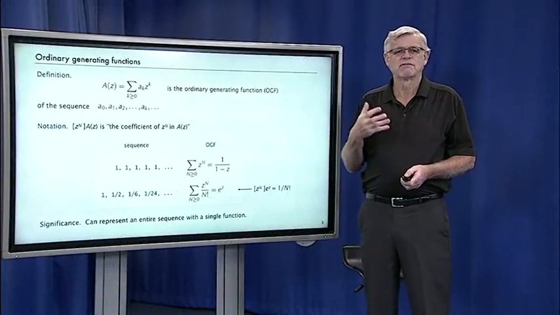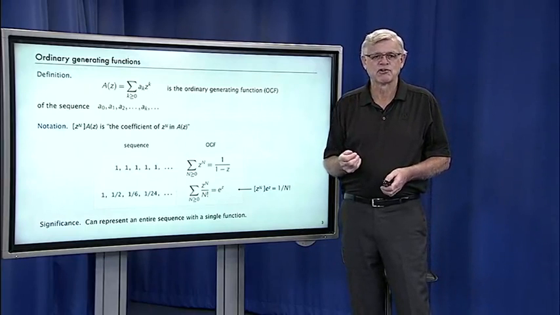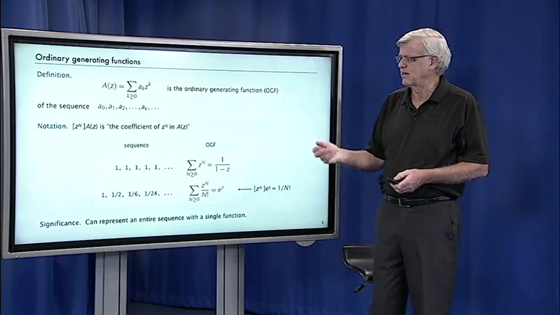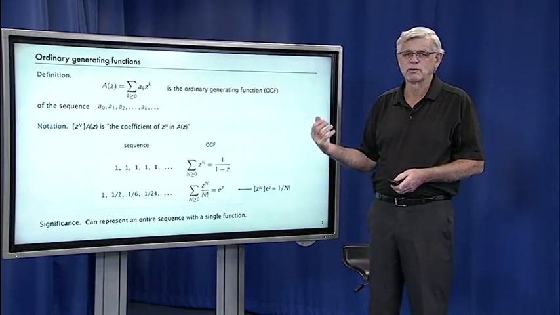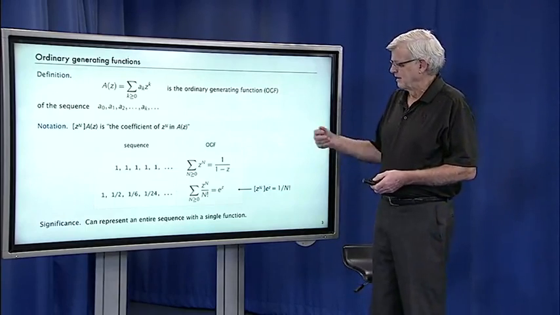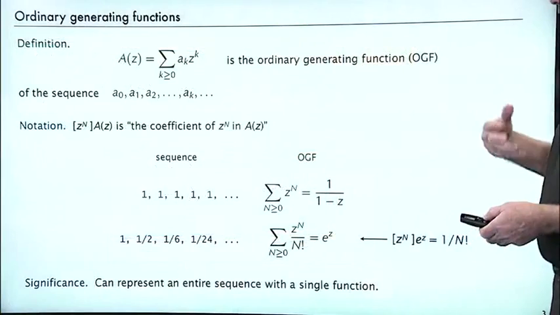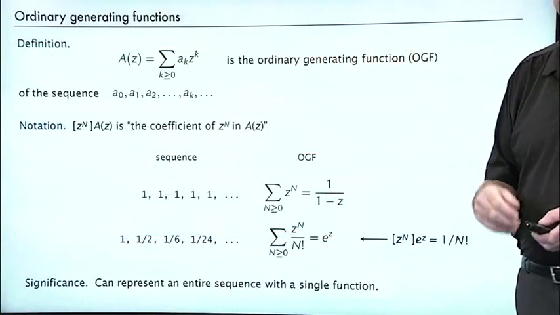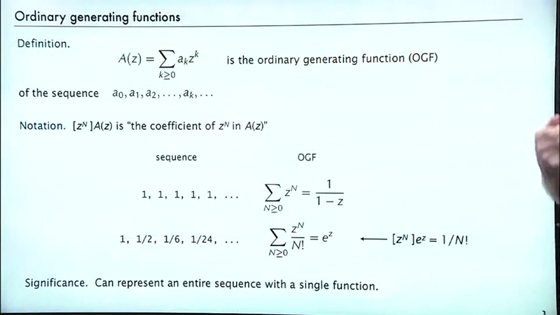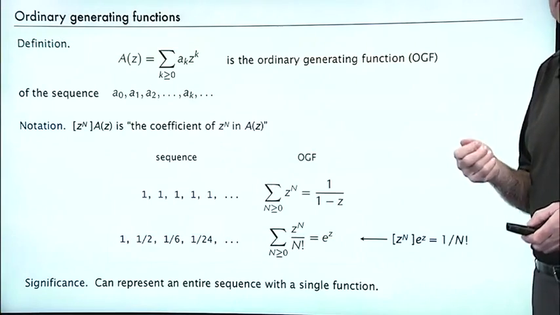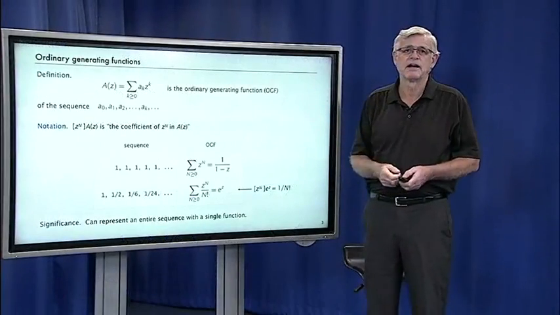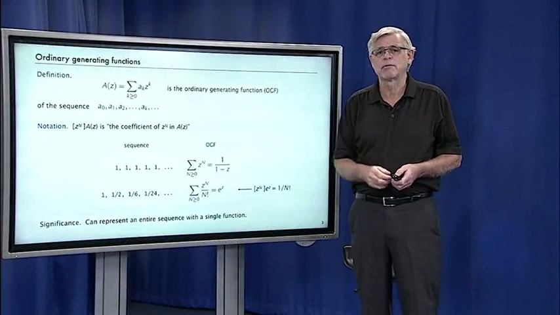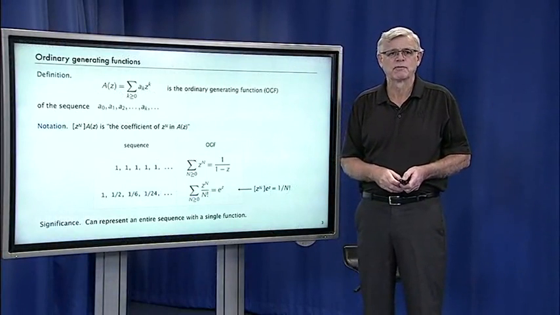Now the significance of defining a generating function is that it allows us to represent an entire infinite sequence with a single function. Rather than carrying around the infinite sequence 1 over n factorial, we just work with the single function e to the z. And that turns out to have all kinds of benefits when we're doing analysis of algorithms and studying properties of combinatorial structures.